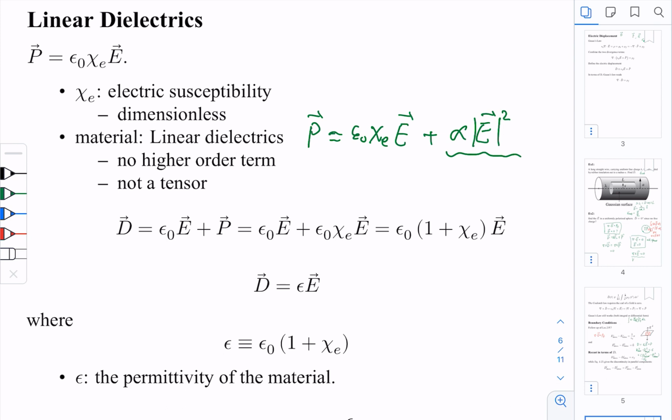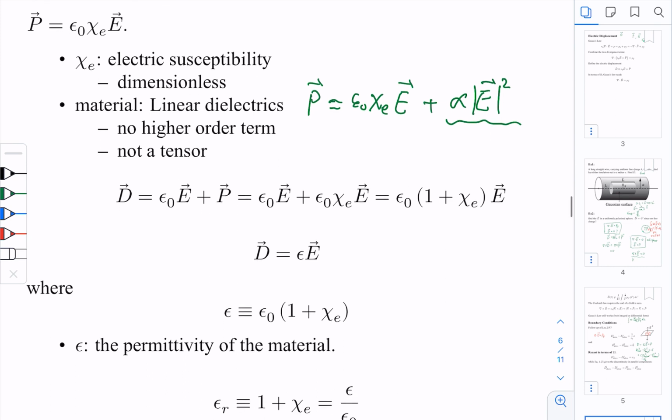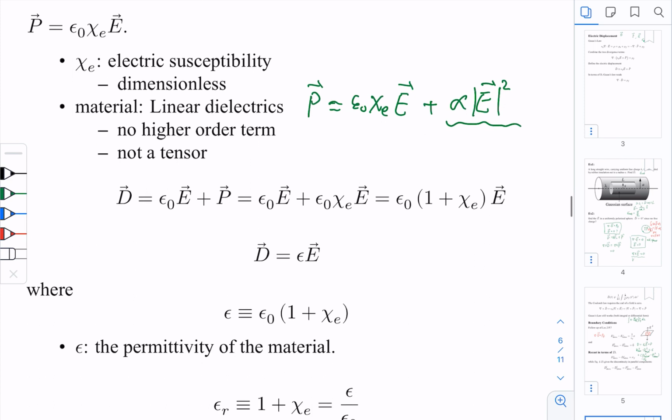And for this kind of material, we can have some additional properties. For example, the D field is simply, by definition, epsilon naught E plus the P field. Now, since the P field is also linear in E, we can express it in terms of E using this formula here.